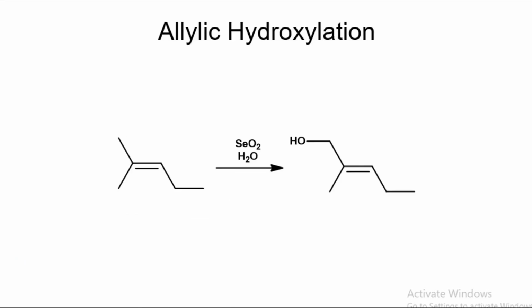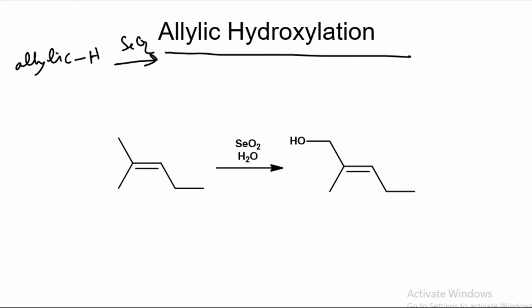So next, the most important from the selenium oxide oxidation is the allylic hydroxylation. So what is the meaning of allylic hydroxylation? This means selenium dioxide oxidizes the allylic hydrogen to an allylic alcohol. Selenium dioxide performs this type of oxidation for the allylic hydrogen.